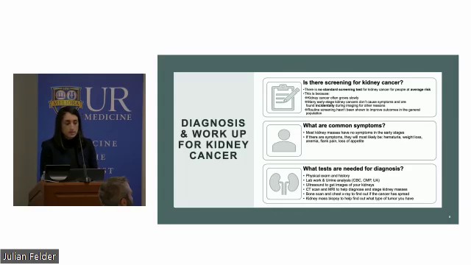Oftentimes the next step is getting an ultrasound, and if there's anything concerning on the ultrasound, we'll then get a CT scan or MRI to get a better and clearer look at the extent of the kidney mass. If the cancer has spread to other locations, we'll sometimes get imaging of your chest and then a bone scan as well.